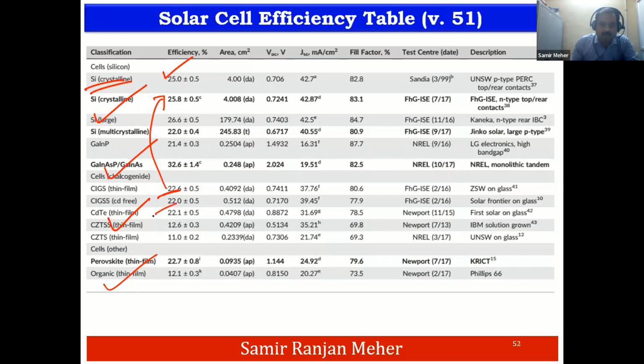Cadmium telluride is also around 23%. CZTS and CZTSSe is around 11 to 12%. The perovskite based solar cells, which are only at lab scale, are also around 23%. So you have to go for this kind of comparison, and the research will progress along this direction.